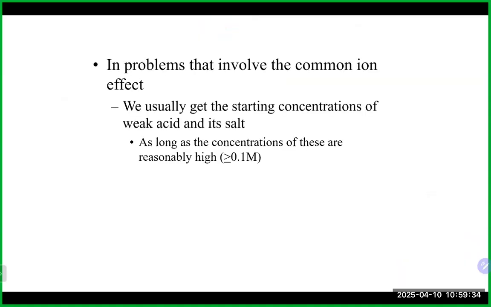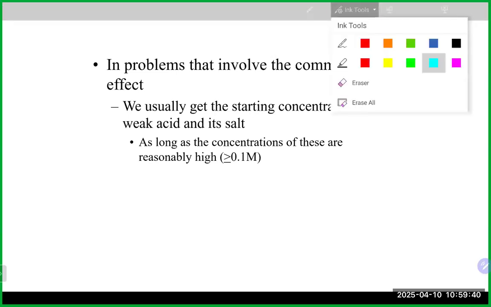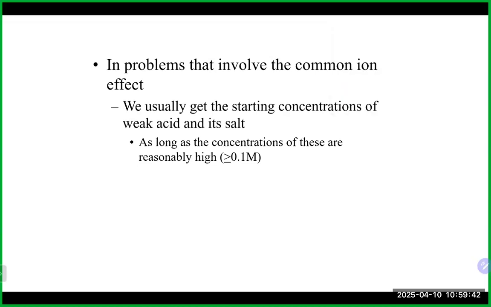Now, in problems like this where you have common ion, we usually get starting concentrations that are not too small. So as long as you have sort of okay concentrations of your acid and base, the initial concentrations usually end up being the final concentrations.